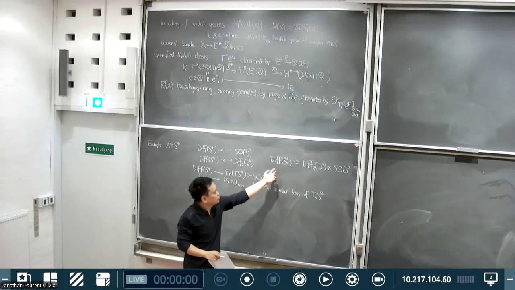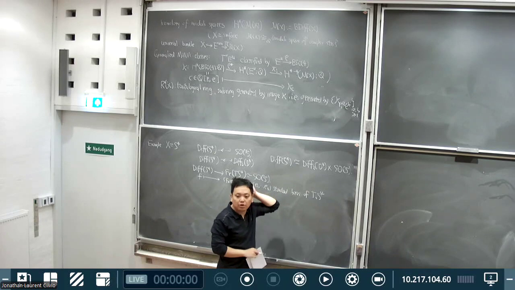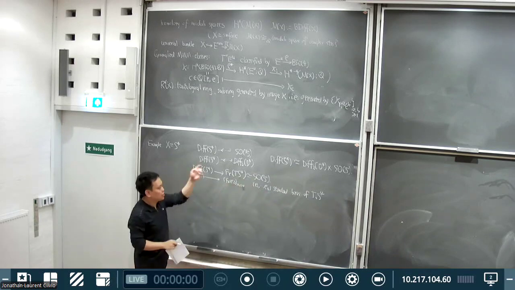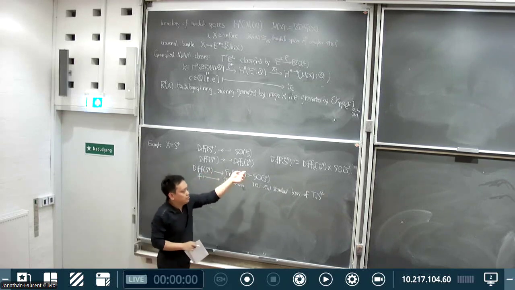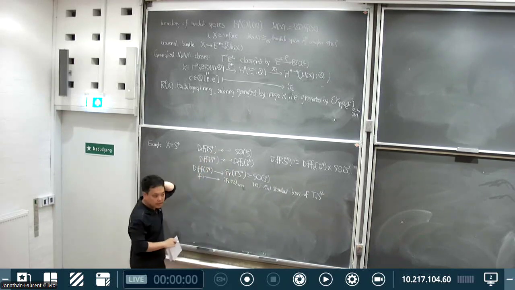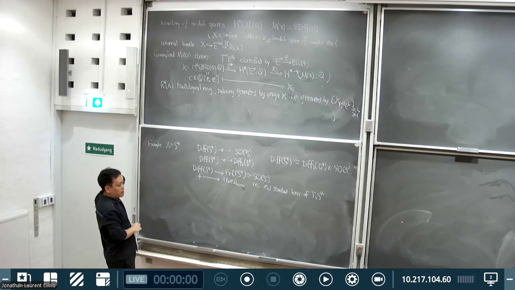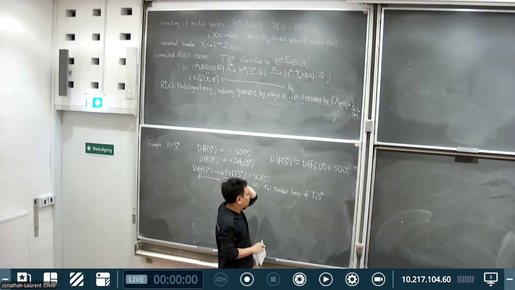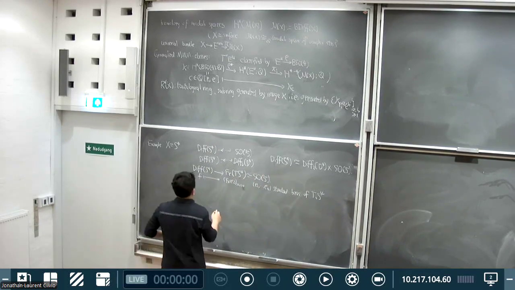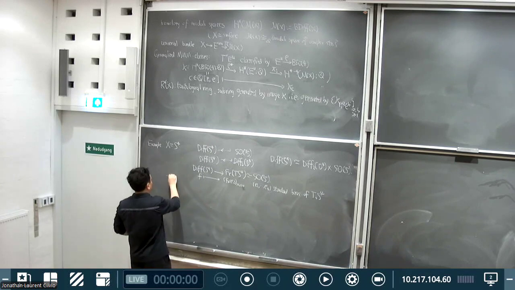These two spaces, you can build maps in both directions using this. Okay, so therefore, the amazing thing is a theorem.